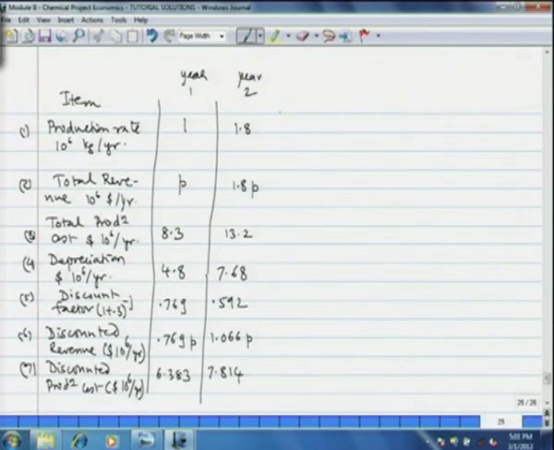I am giving you directly the figures for the third year, and then subsequently you have to calculate. I will give you the final answer.